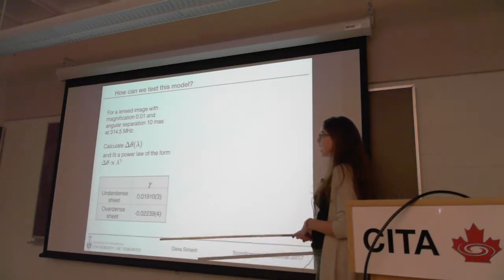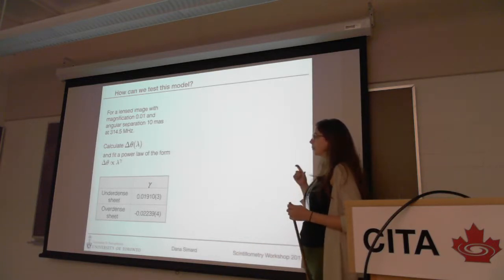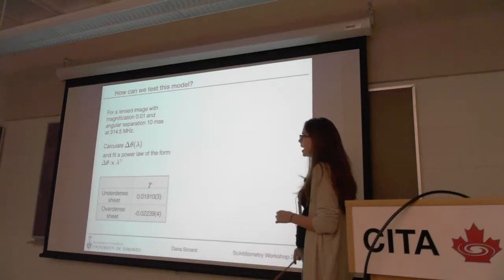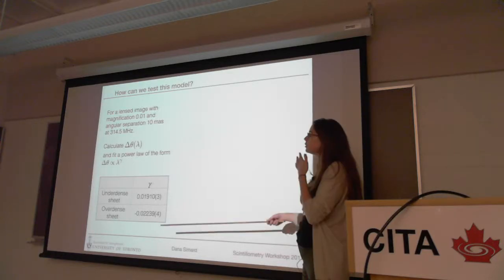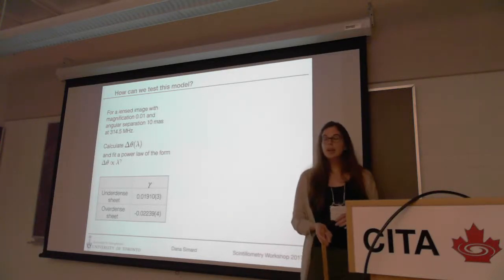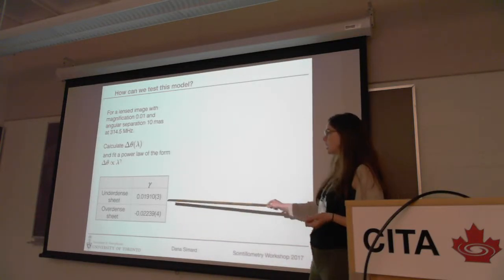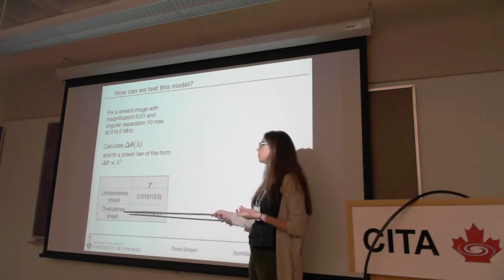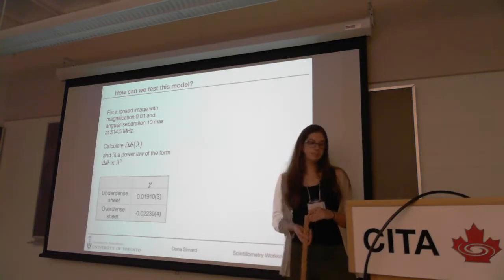And we fit a power law to this over the same bandwidth that was used in the Briskin et al. paper. And we find small power law exponents, but we do find this behavior where if the sheet is underdense compared to the interstellar medium, then as you go to longer wavelengths, the images move apart. So you get a positive power law exponent. Whereas if it's overdense, you see different behavior. You see the images move together at longer wavelengths.